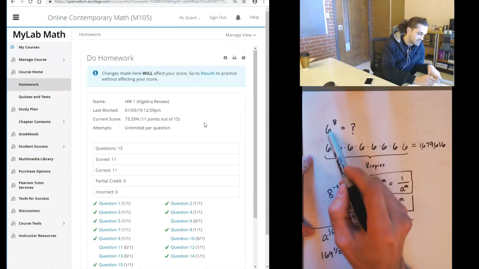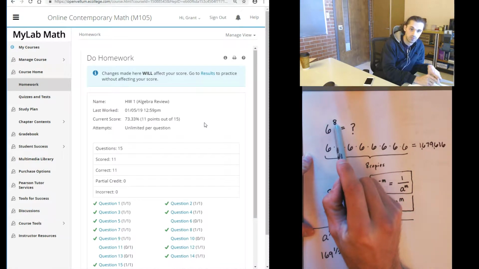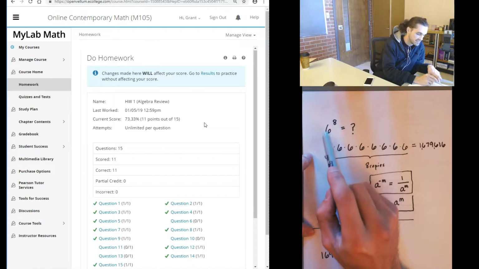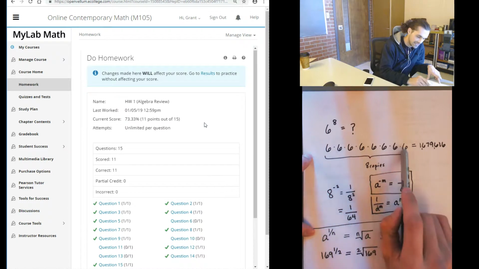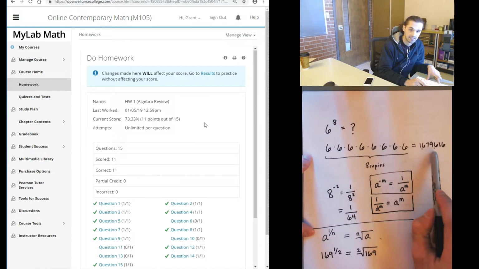Again, students tend to conflate this exponent with multiplication. This is not 6 times 8. This is 6 times 6, 8 times. When you shove it in your calculator, you get this answer out.